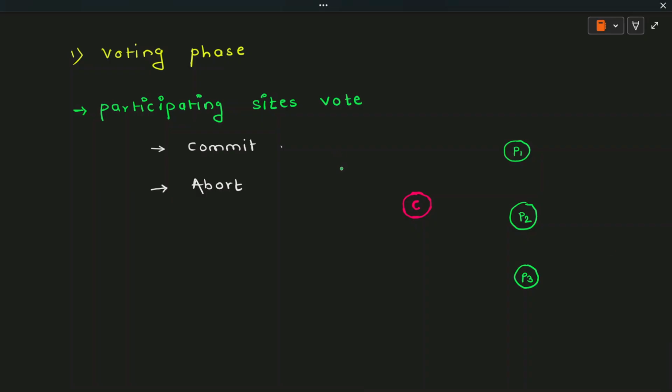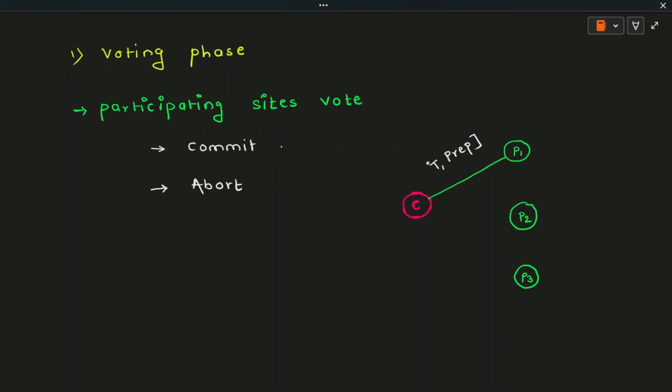Now consider that there is a transaction which has been initiated by the coordinator. This transaction's smaller parts are divided among the participating sites. Now participating sites are working on these smaller parts of the transaction. After some time, the coordinator may ask the participating sites, are you ready to commit the transaction? For that, the coordinator is going to send one message known as T prepare to every participating site, where T is the name of the transaction and prepare is the name of the message.